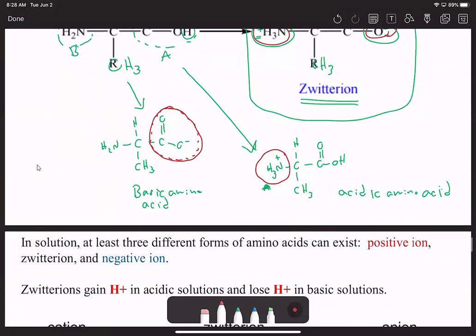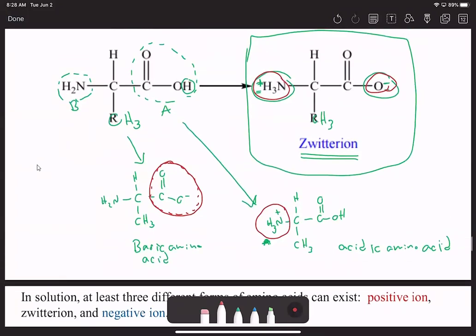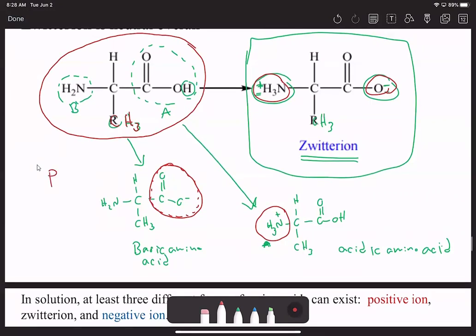So let's say we put this amino acid here, that has not been ionized yet.